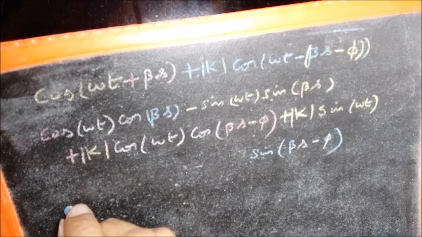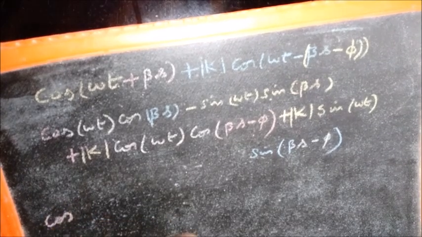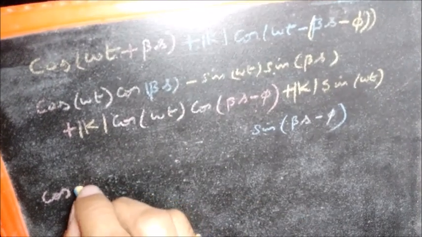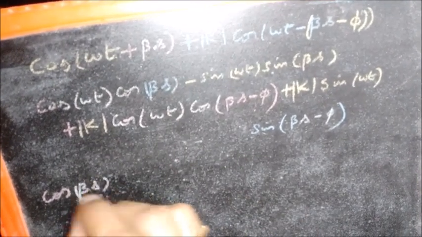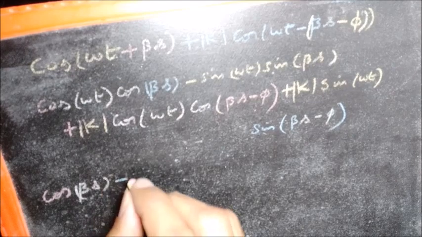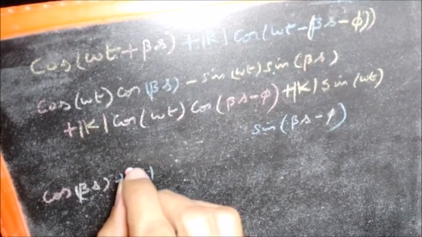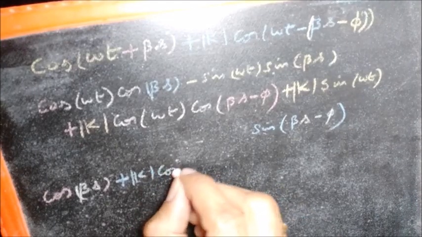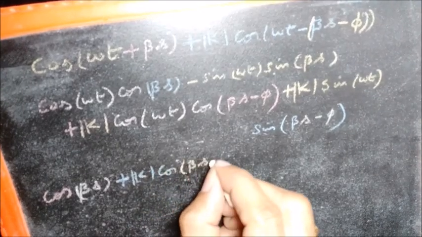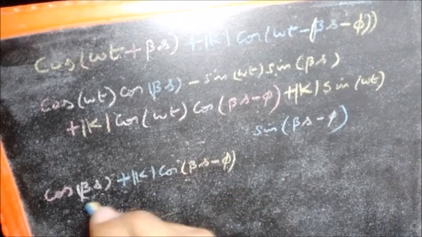cos beta s, plus k cos(beta s minus phi).